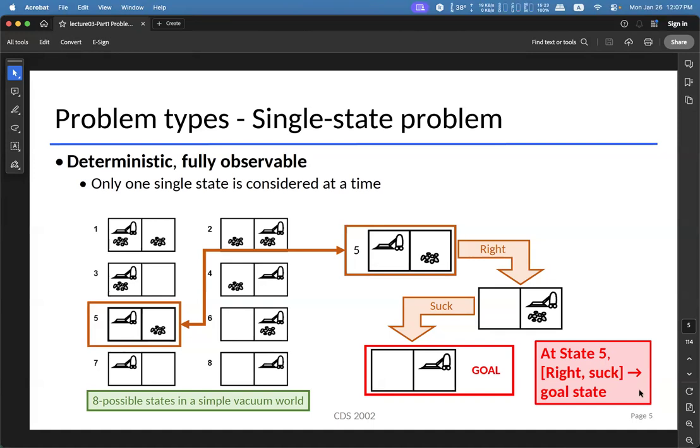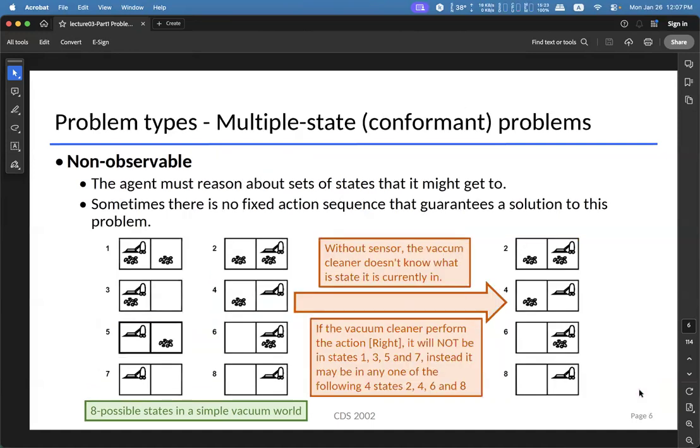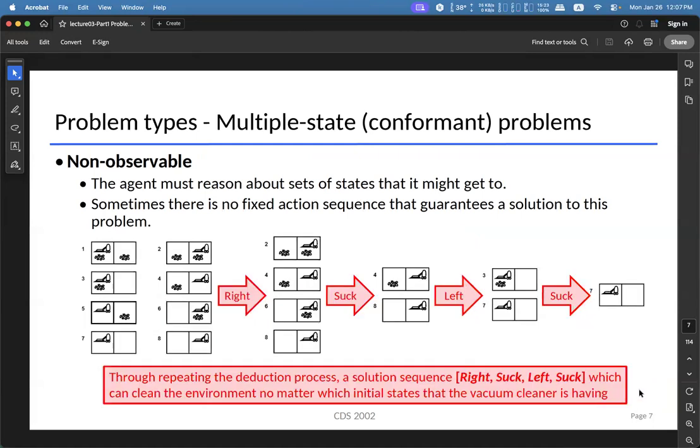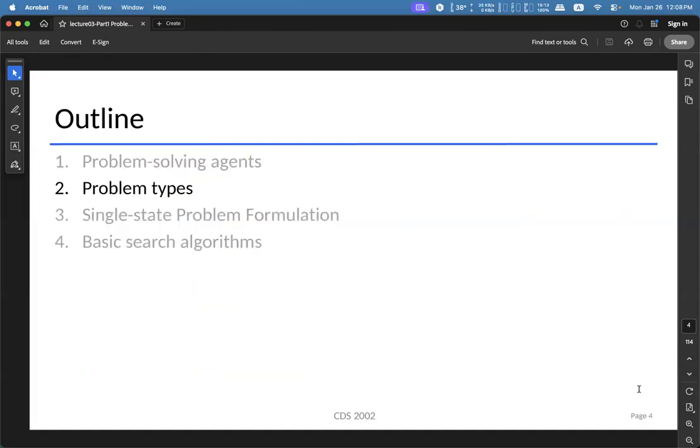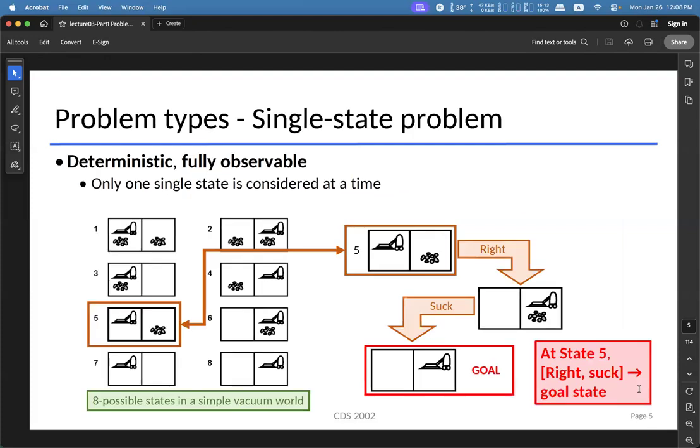If we have a non-observable environment, then we will call it a multi-state problem or conformant problem. And if we are talking about a non-deterministic or partially observable problem, we will call it a contingency problem. In this course, we will mainly focus on the single state problem, because we will start with the single state environment since it is far easier to understand than the other problems.